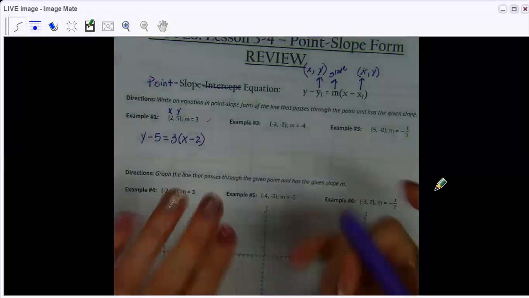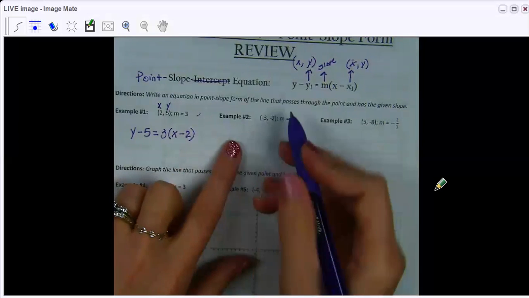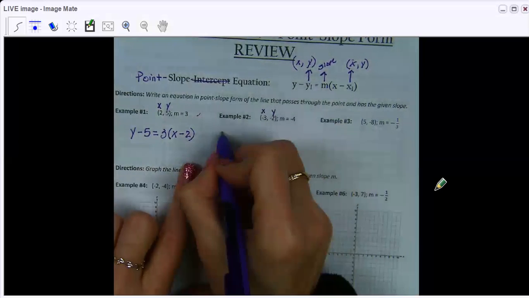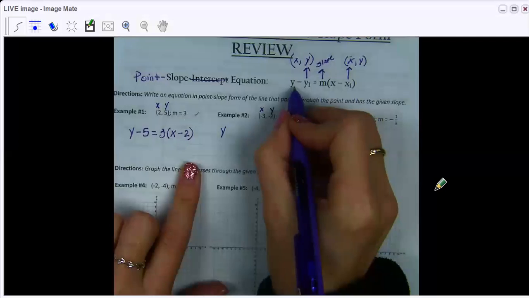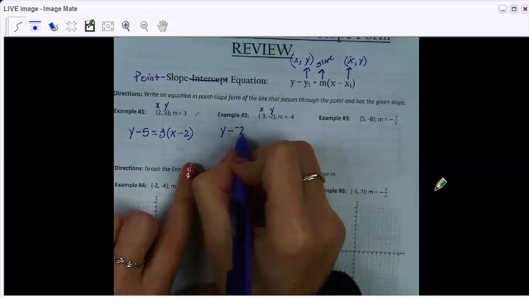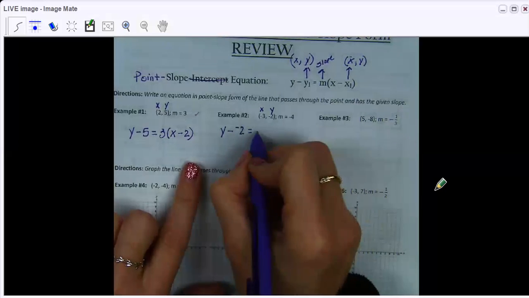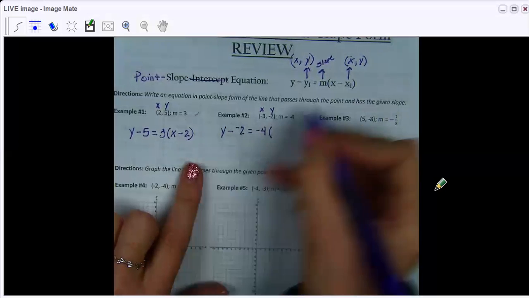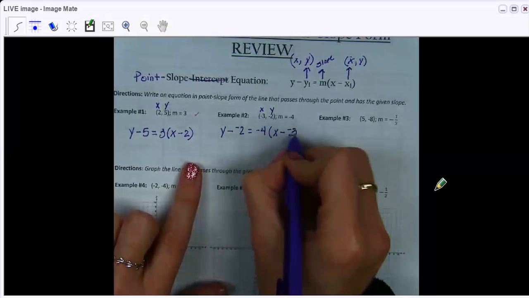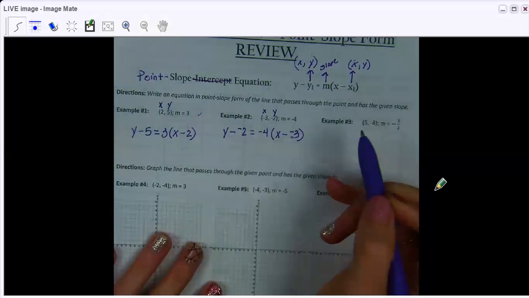Okay, so let's look at example 2. It's the same thing. This is x, this is y. So we're going to take y minus y1, so minus a -2, equals our slope, which is -4, times x minus x1, which is a -3. Now, do we write it like this, minus a negative?